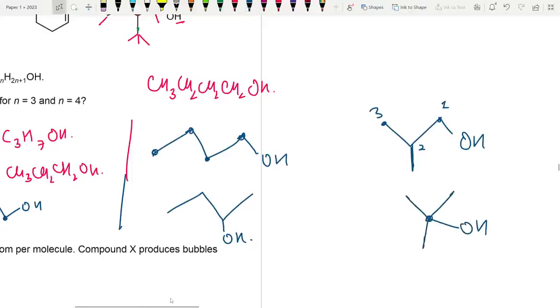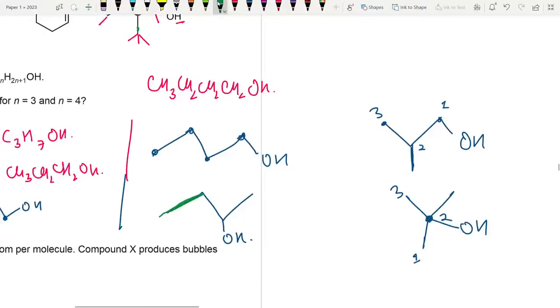This one. We have to take the longest chain. So that's 1, 2, 3. This is 2-methyl. Wait, how many? Yeah, this is fine. Basically what I did was, see this hand over here?